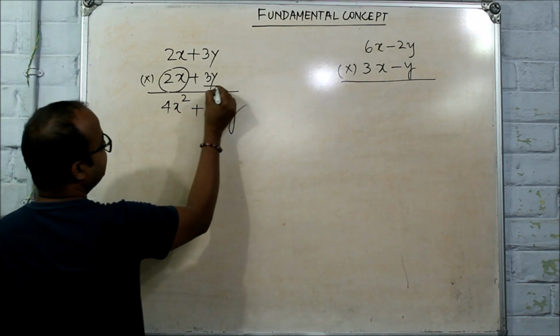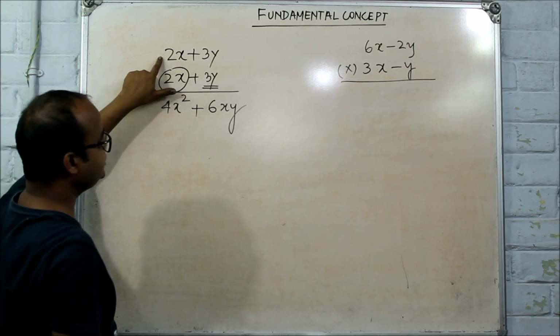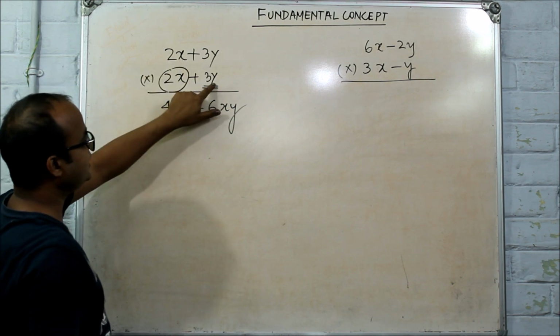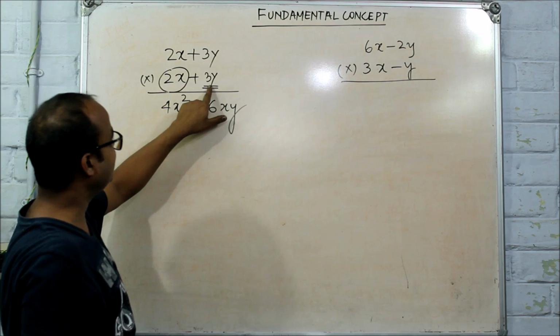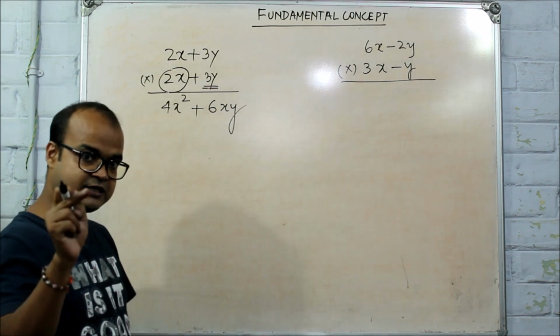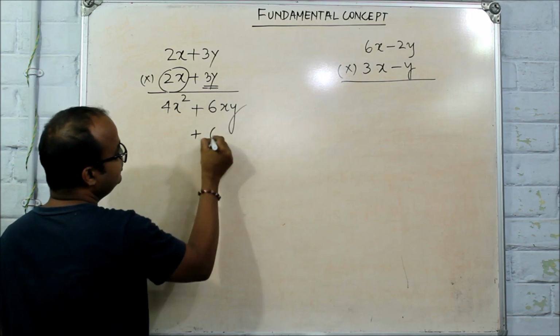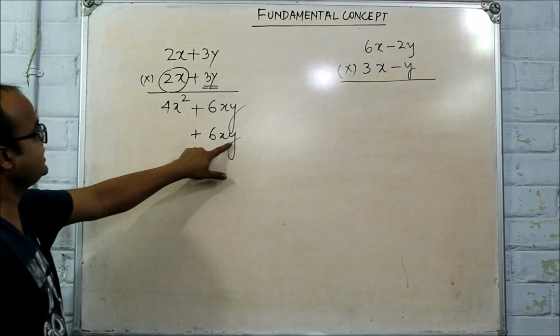Now next we will take this 3y. Same way we multiply it with 2x. 3 into 2 is 6, x into y, 6xy. So if you multiply 3y with 2x, you get 6xy. You need to write the like term below the same term, so we are writing 6xy.